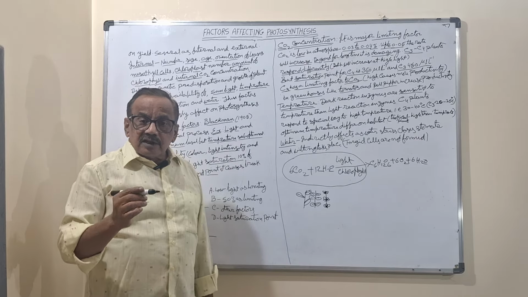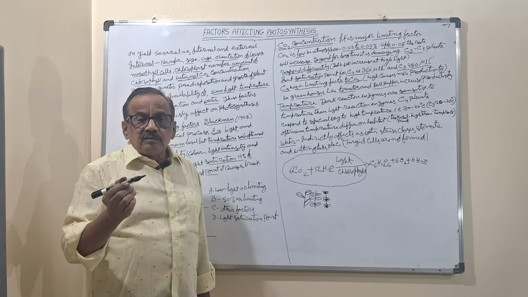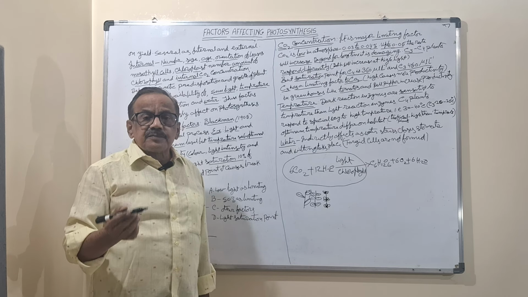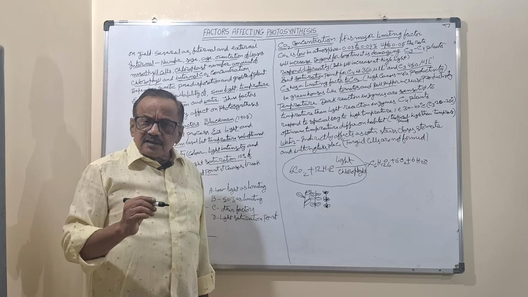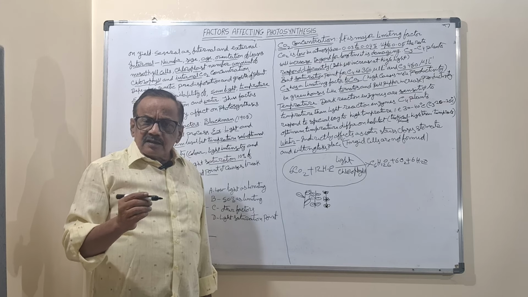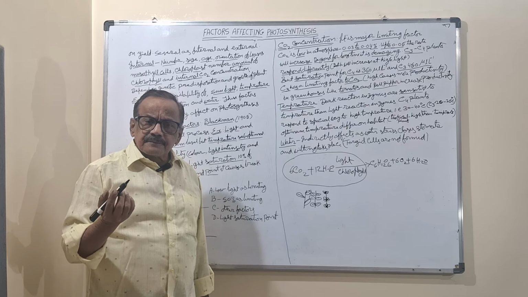So metabolic activity is more, energy required is more, so respiration will be more. When respiration takes place in the mesophyll cells, carbon dioxide is produced and comes out. That all of you know.